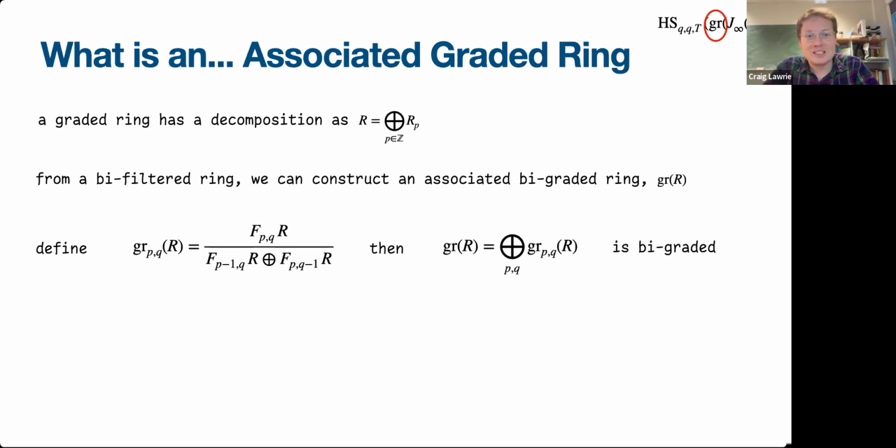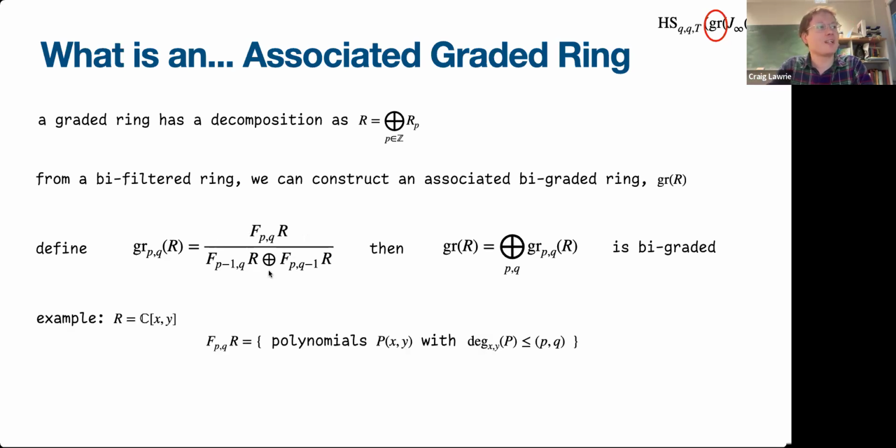So how do you do this? Well, you have to define the decomposition as a direct sum of the associated graded object. So you have to define each element of the sum. And roughly speaking, you define it as the elements of the filtration which are new at level (P,Q), and not the ones that come from the previous level. So that's all this kind of fancy picture is doing for you.